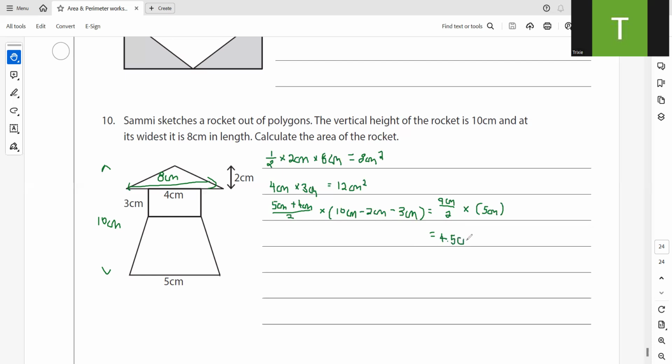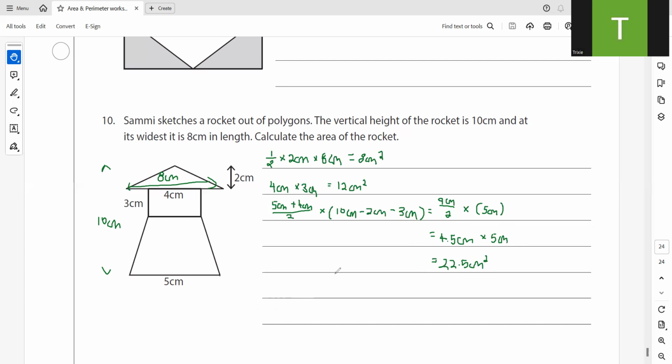So it's 4.5 cm times 5 cm. 4.5 times 5, you'll get 22.5 cm squared. So 22.5 cm squared is the area of the trapezium.